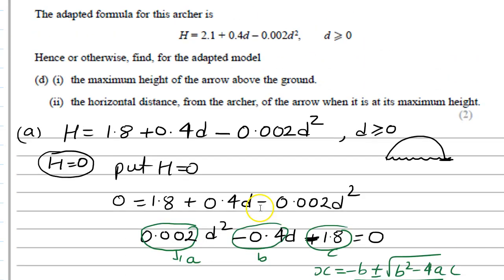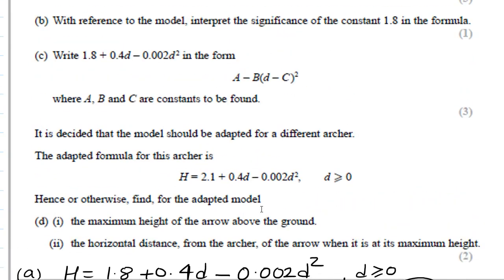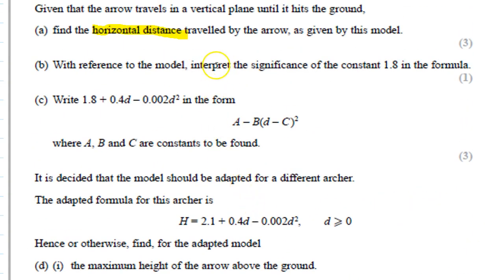Okay, nice and easy. Now the B part, it is saying, with reference to the model, interpret the significance of the constant 1.8 in the formula. So it is just a 1 mark question. The examiner is just looking for what reason you are going to give. So 1.8 means the vertical height here. When d is 0, that is, the horizontal distance is 0, then the vertical height will be 1.8.